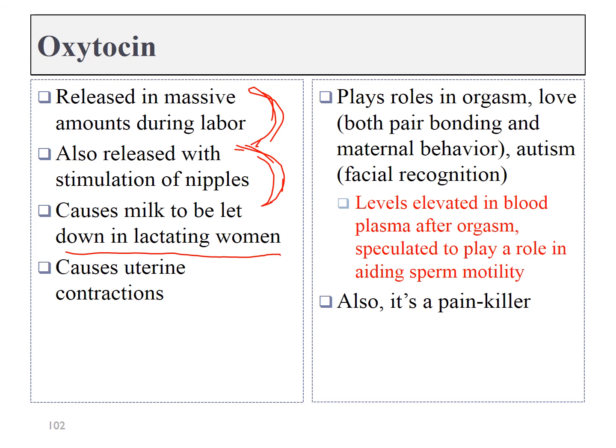It is also involved in orgasm, as we learned, and as a pair bonding hormone. It helps people to form connections with other people, especially people that they are near when they are having an orgasm. Now, some people will call this the love hormone, and I just want to remind you that it's also involved in hatred and fear as well. So it's involved in all sorts of human interactions, not just the positive ones.